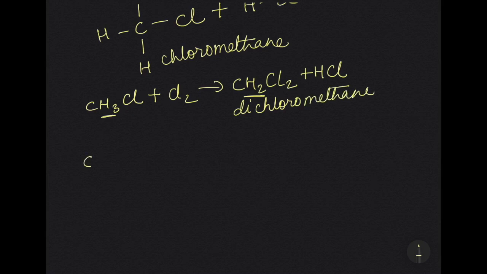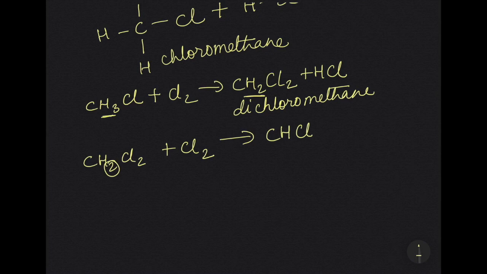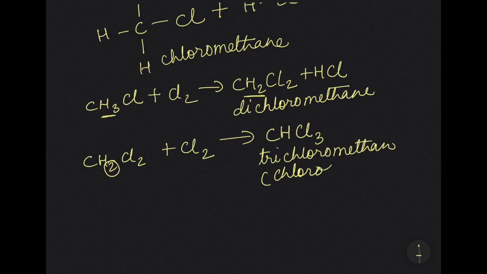The dichloromethane again will react with chlorine. So now again one more hydrogen will be substituted to form trichloromethane, okay, or chloroform. Trichloromethane, which is also known as chloroform. And of course, HCl will be formed.